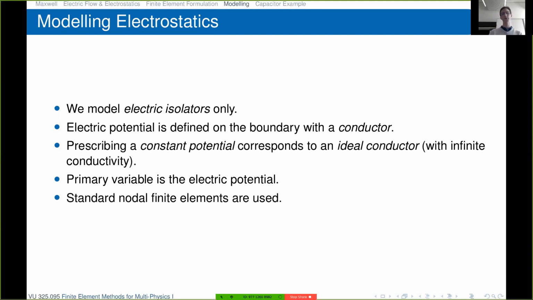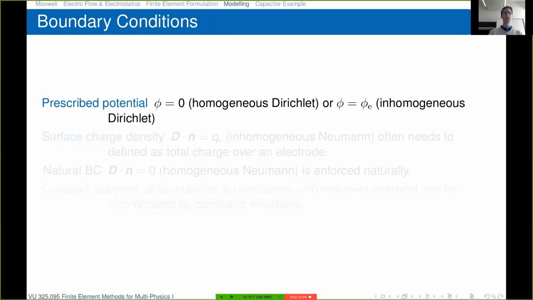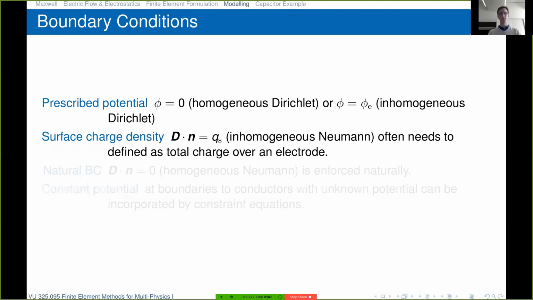So what boundary conditions do we usually set? We have the prescribed potential either in the homogeneous Dirichlet or inhomogeneous Dirichlet form. We have the surface charge density. This is the inhomogeneous boundary condition. There often one needs to define the total charge over the electrode.